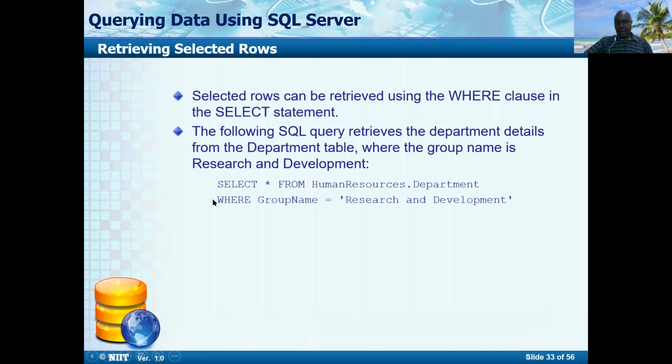Then we add this clause where we say where, and this is the name of the column on which we are going to base the condition. And we're saying we only want to pick rows where the value in that column says research and development.